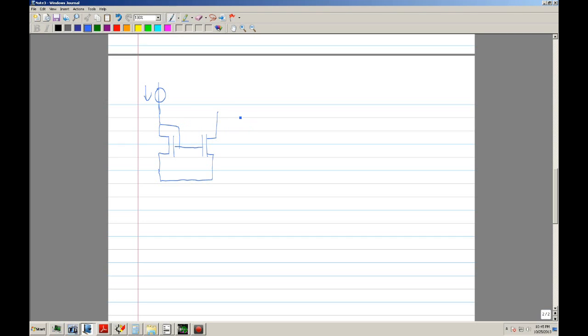Let's put that, and we'll say IOUT, IREF. One of the questions that they'll ask is, what is the impedance? And it's pretty straightforward. It should be RO.